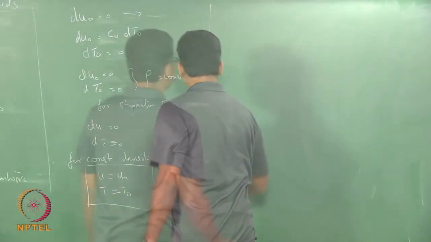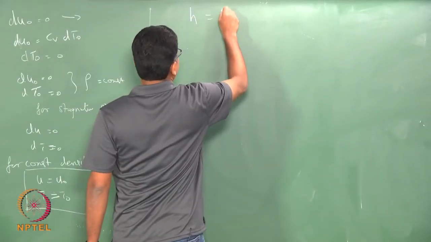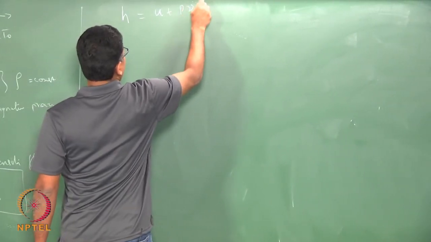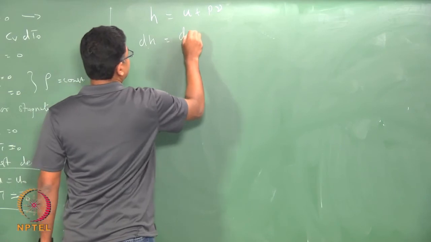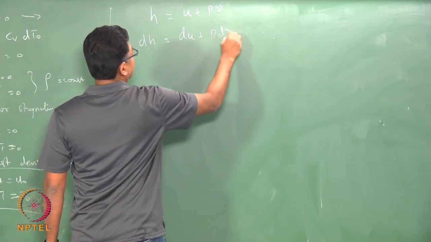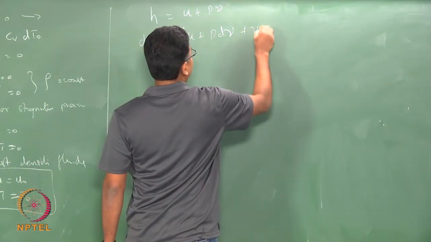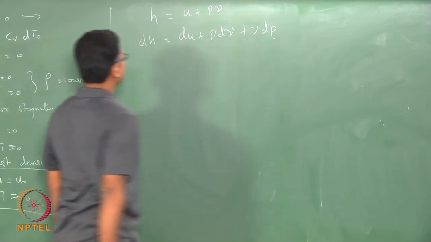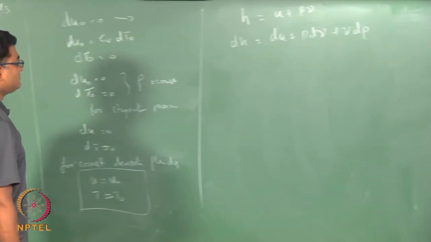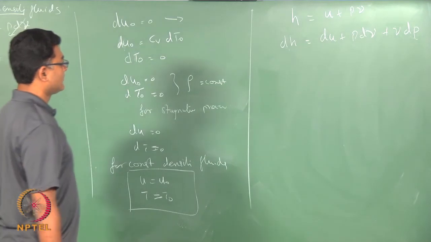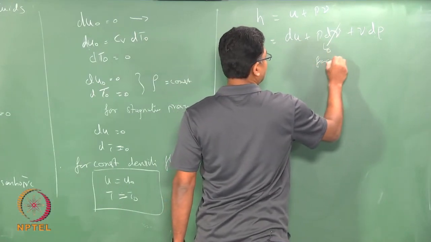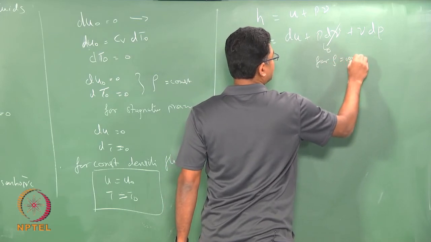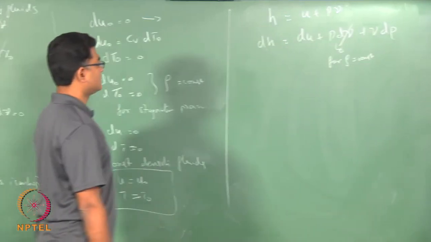What about P? My definition of enthalpy is u plus Pv, and dH is du plus P dv plus v dP. Now, dv is 0 for a constant density fluid.